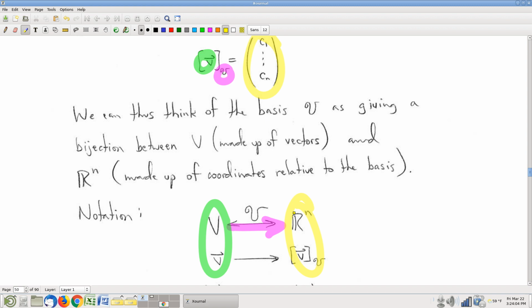Okay, now here's a different point of view I want to give you on how to think about a basis. It is a function, and that's nice. This other point of view, I would like to encourage you to think of a basis as being kind of like a language, which sounds weird, but I think this is a very strong analogy.